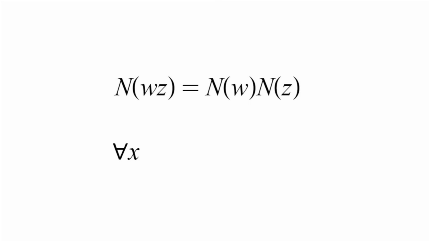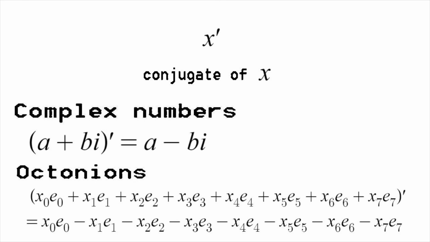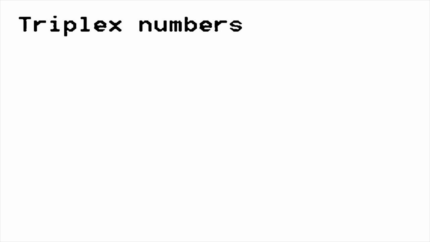Second, for any number x, there exists some x prime such that x times x prime equals n of x. We refer to x prime as the conjugate of x, and in all the sets I mentioned earlier, it simply consists of the real part of x minus the imaginary part. So, in an effort to find an n function and conjugate for our triplex numbers, let's see if this pattern extends to our construction.